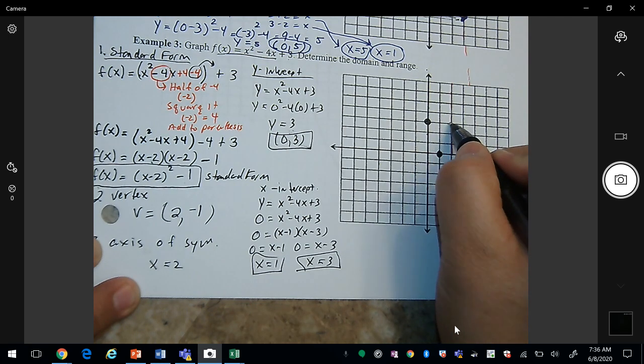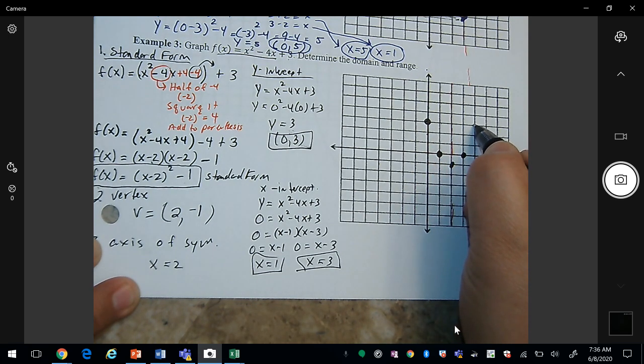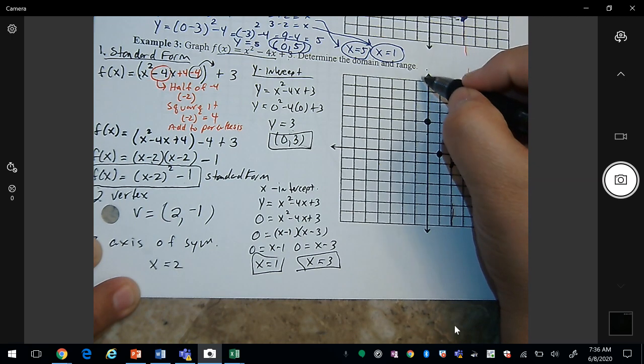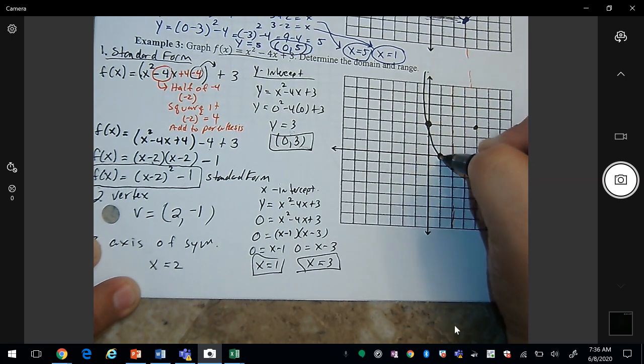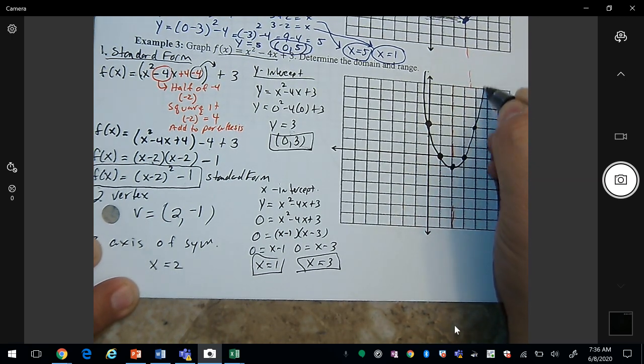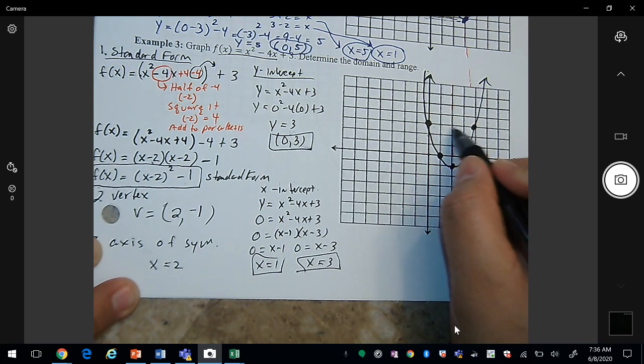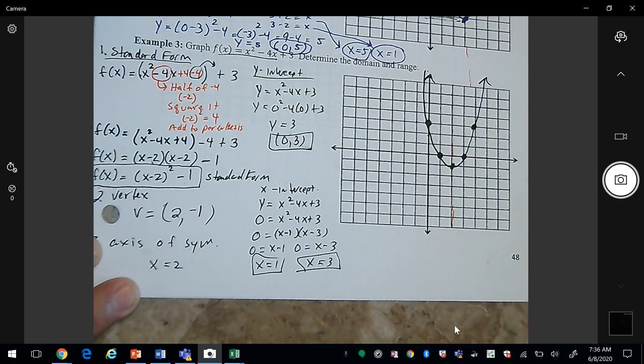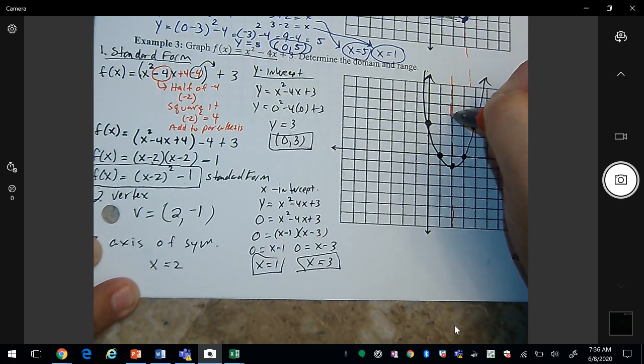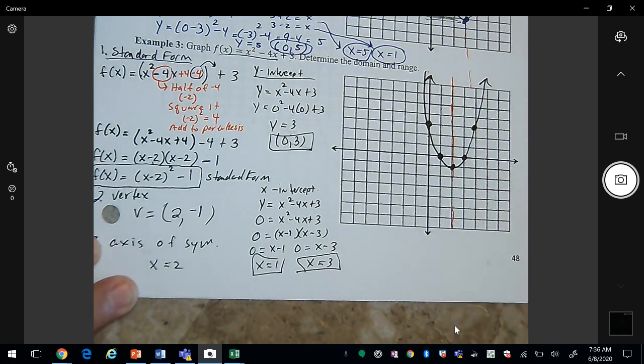Since I have two spaces from here, I'm going to have two spaces over here. And so I can draw my parabola. Again, this extra space, I get it from the fact that the axis of symmetry, which is running here in the middle, cuts the parabola in half.